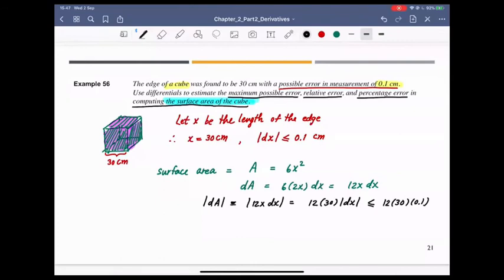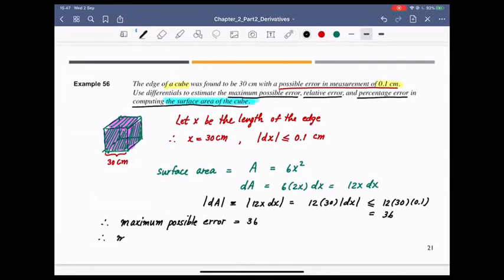That number is 360 times 0.1, which is 36. So that means your maximum possible error is equal to 36, because you already computed the A here.